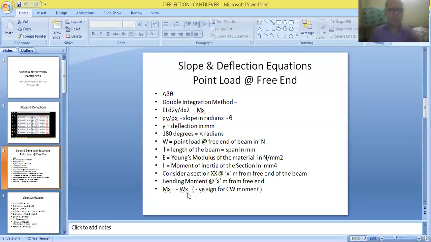First equation, and this is the second equation, required for obtaining slope and deflection equations in different situations. So here we are going to get the slope and deflection equations for a point load acting at the free end of the cantilever.